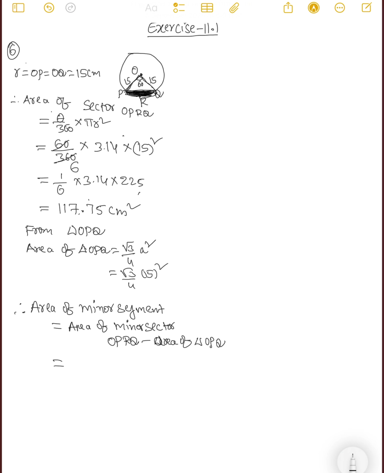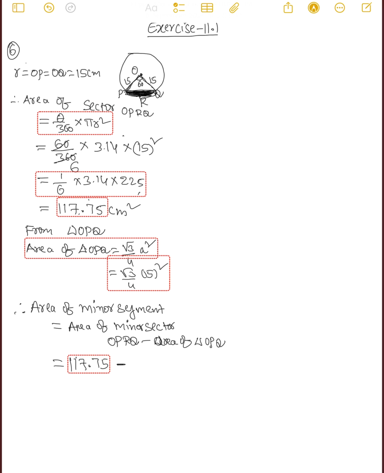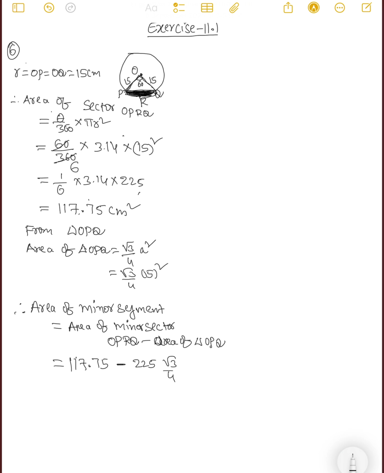Area of minor sector value is 117.275 minus area of triangle OPQ, which is 225 into root 3 by 4. In simplification, 225 by 4 is 56.25.